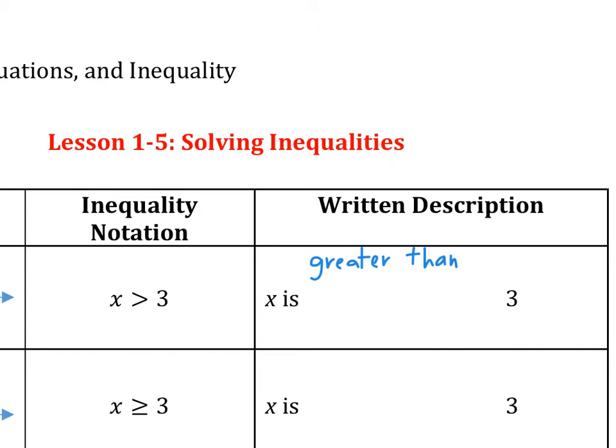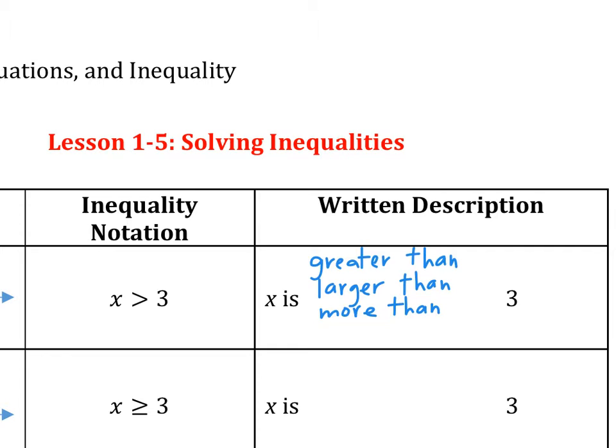What is another way that you're going to see that means greater than 3? So maybe larger than 3. So another way to say greater than. Another way you're going to see something that is greater than 3 is something like more than. X is more than 3. So whatever the x is, it is more than 3.